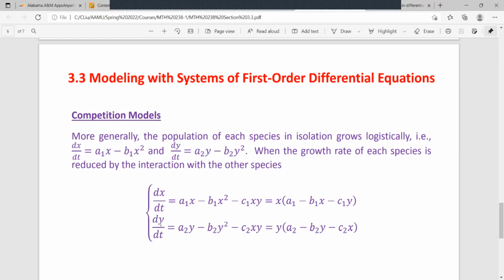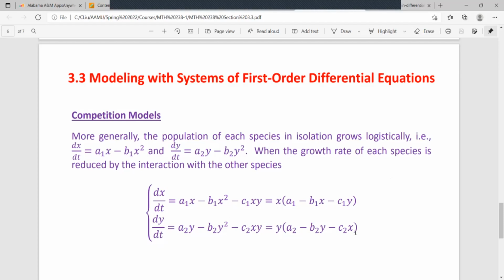Similarly for species y, the equation will be dy/dt = a2y - b2y² - c2xy. Again, this c2xy is the competition term between the two species. You can factor out y from the terms on the right to get y times (a2 - b2y - c2x).